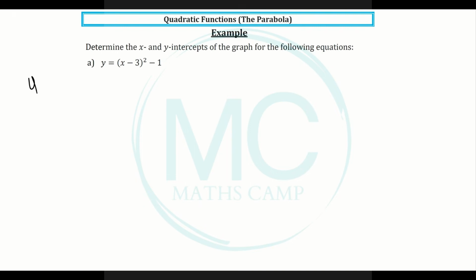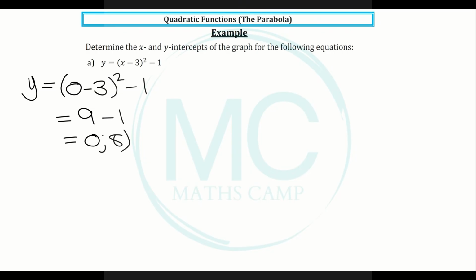So now we have y is equal to 0 minus 3 squared minus 1. 0 minus 3 is negative 3. Square, we get 9 minus 1, which gives us a y-intercept at 0, 8.